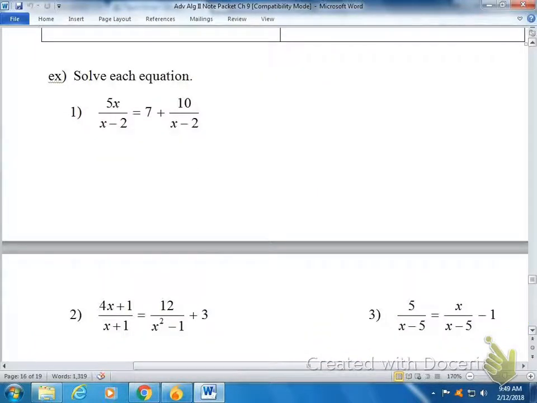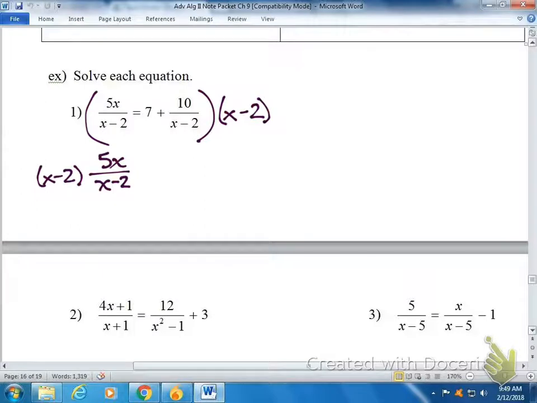In this next one, the least common denominator is x minus 2. What I'm going to immediately do is multiply everything by x minus 2. To show my work, since it's notes, multiply the first fraction by x minus 2, the 7 times x minus 2. Oh, whoops, hold on, my notation's off. It's equals 7 times x minus 2.